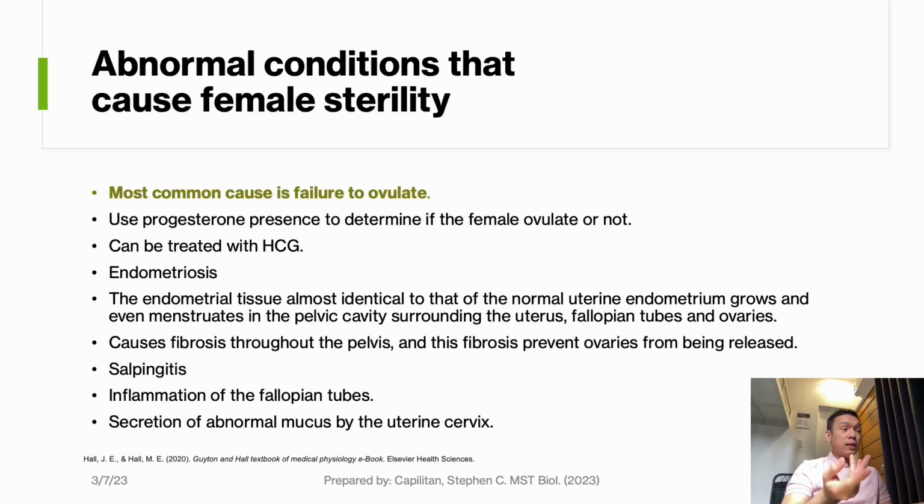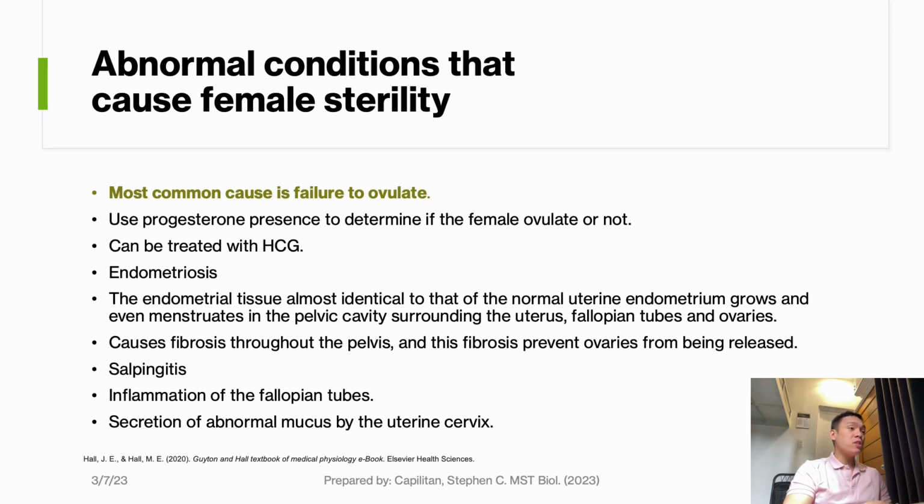These are some of the abnormal conditions that cause female sterility. The most common cause is failure to ovulate. We use progesterone, its presence, to determine if the female ovulated or not. It can be treated with HCG, also with endometriosis.